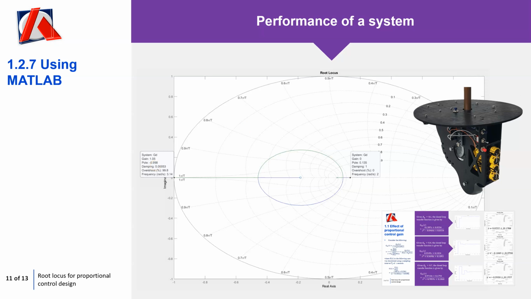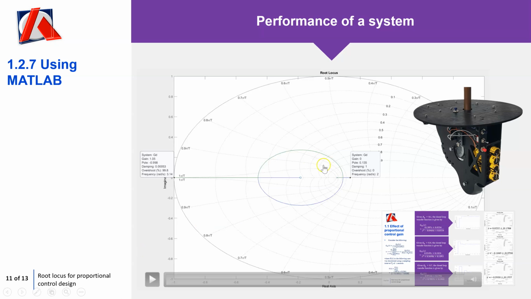That's as you would expect, because when we worked it out by hand, we found that a value less than that would give you a stable system. Hopefully that gives you an insight: varying your proportional control gain changes your poles, your damping and your natural frequency, and one of the system performance criteria we're looking at, overshoot, is affected.